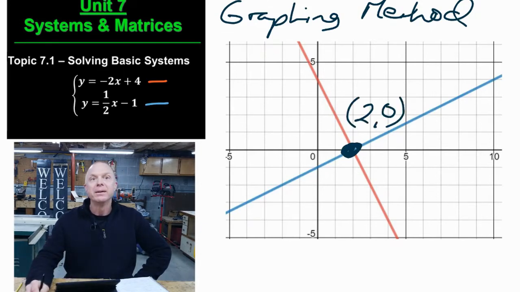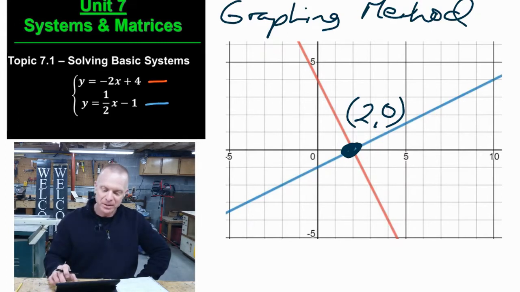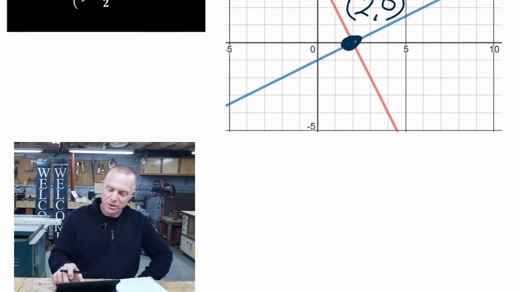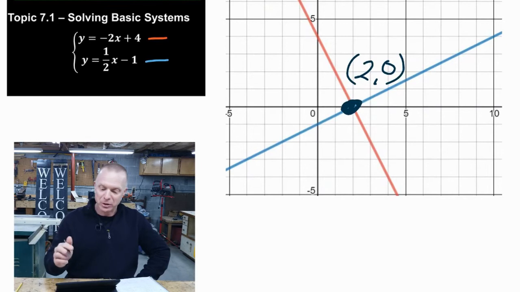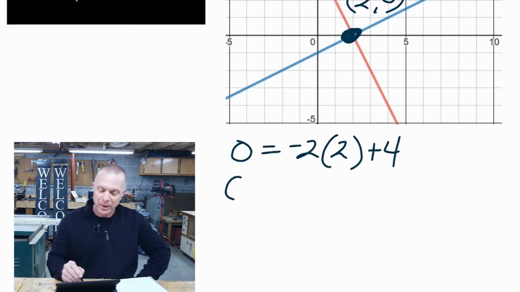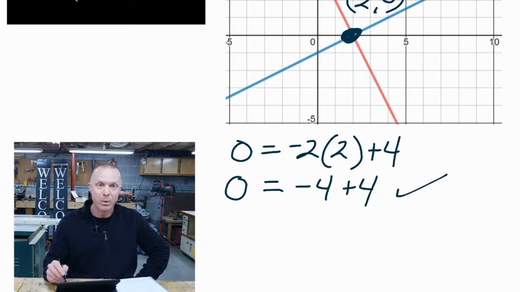Now, remember, the intersection point of two lines is also going to solve both of those equations. And of course, it's going to solve those two equations, meaning as a solution. So I should be able to plug a 0 in for y into my first equation, and I should be able to plug a 2 in for x. And we find out that if we do that, we end up with a true working point.